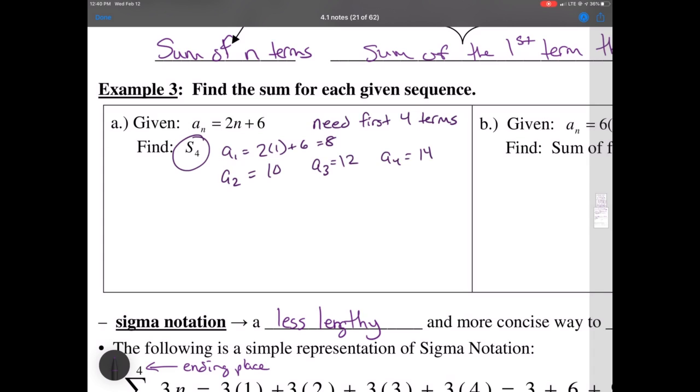Doing it in your calculator, all you have to do is type 2n plus 6 into the y equals, and then you can look at the table of values for 1, 2, 3, and 4 to find out what they equal at those given values. So if we wanted to add all these together, we would have 8 plus 10 plus 12 plus 14. And that total gives us 44, and that's my answer.